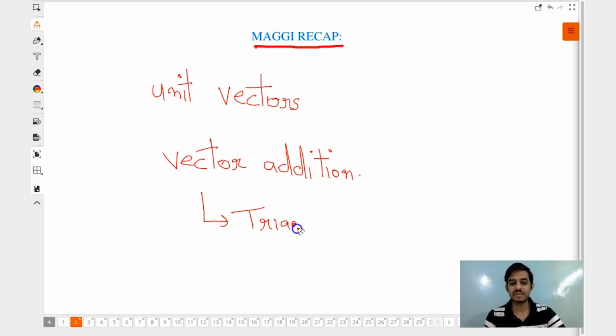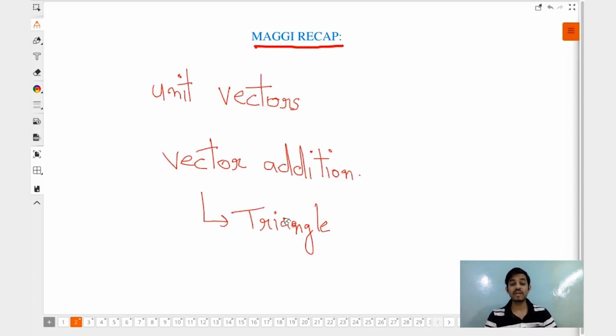First we discussed triangle law, that if 2 vectors are represented by 2 sides of a triangle taken in order. Remember, order word याद आ रहा है? Okay, एक के head पर अगले की tail.